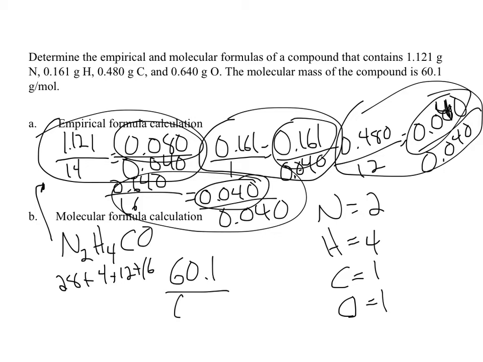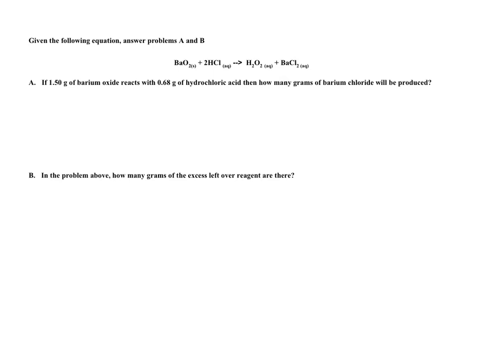That actually adds up to 60, which means that the molecular formula is the same as the empirical formula, N2H4CO. It's actually not written that way in the actual formula, but this would be the answer I would expect from you for N2H4CO.